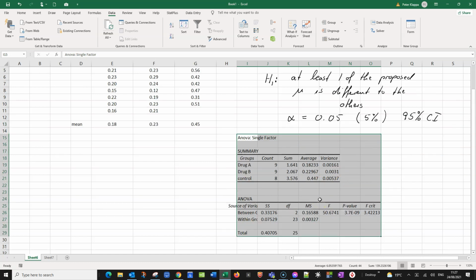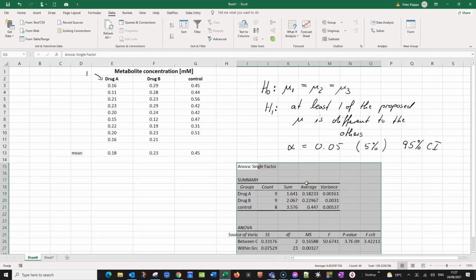And now we are looking for a p-value, because if the p-value is smaller than alpha, it means it is unlikely that we observe our data with the null hypothesis.